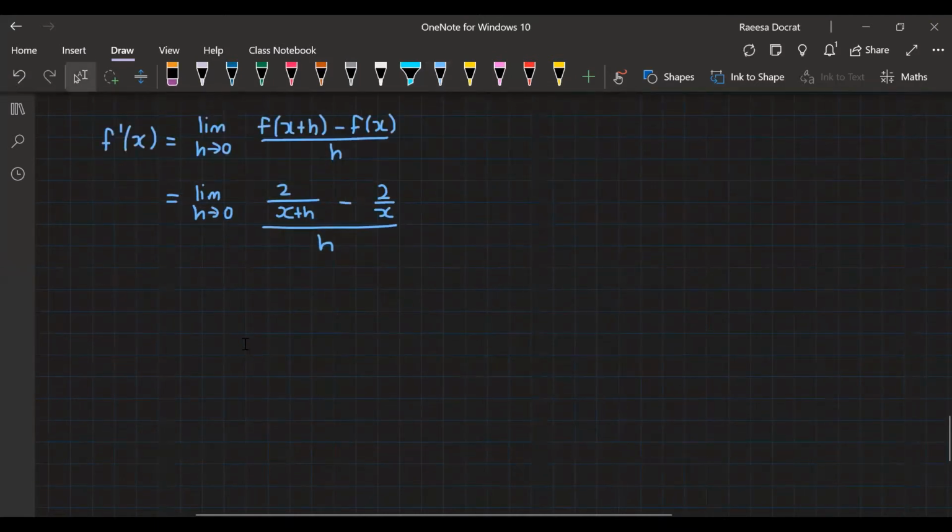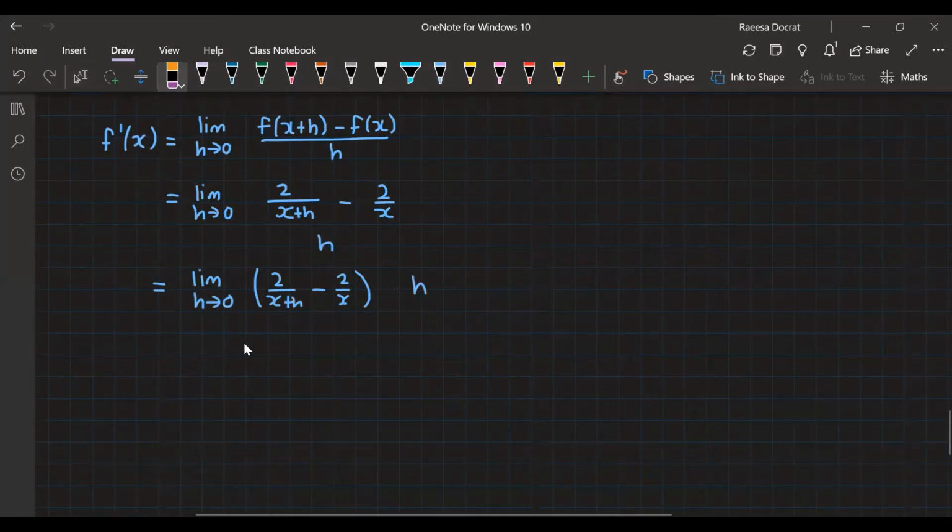I personally don't like working with a fraction over a fraction, so I'm going to separate this as the limit as h tends to 0 of 2 over x plus h minus 2 over x, and instead of having this additional division sign, I'm going to replace it with divided by h.